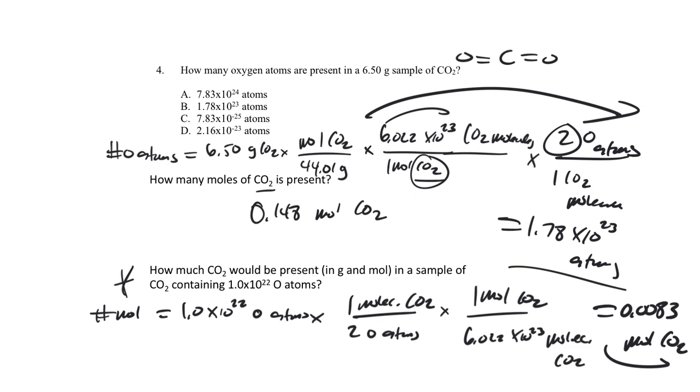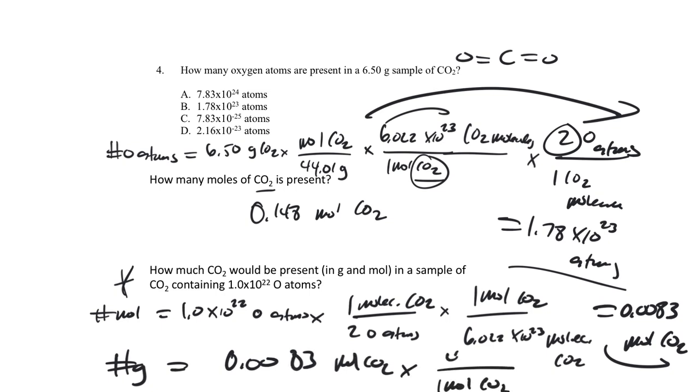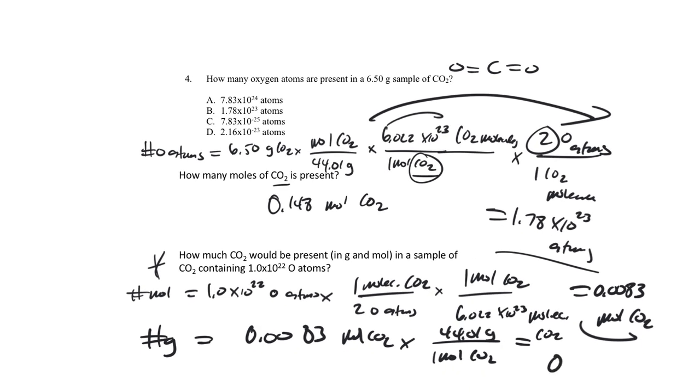And so if we want the number of grams here, this will just be equal to the 0.0083 moles of CO2, and then 1 mole of CO2 is 44.01 grams. So that's 0.37 grams.